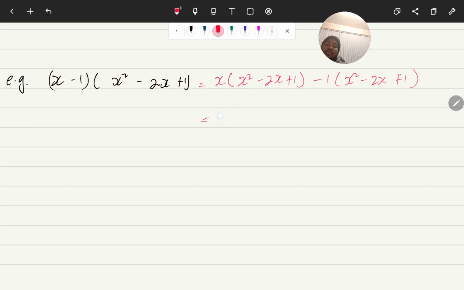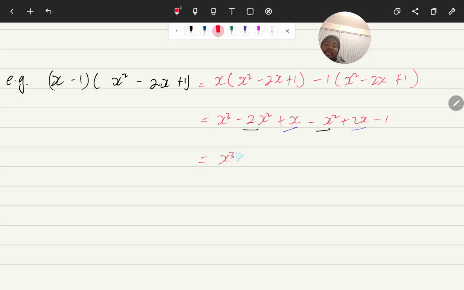So now you have x to the power of 3, you have minus 2x squared, you have plus x, then minus x squared plus 2x minus 1. So now we can highlight the like terms, and then we do our math.